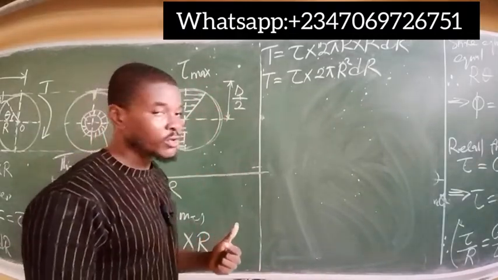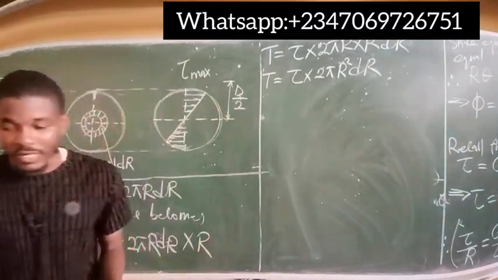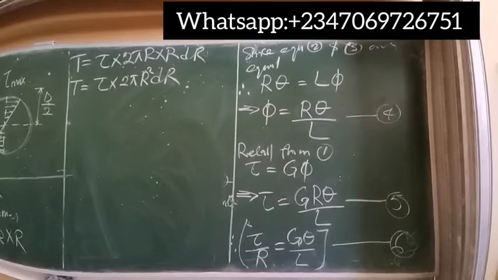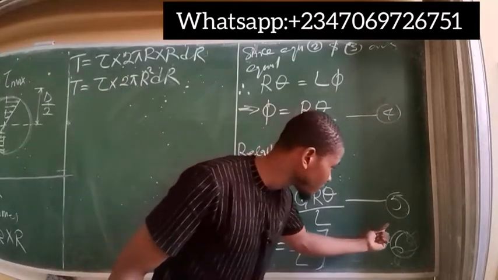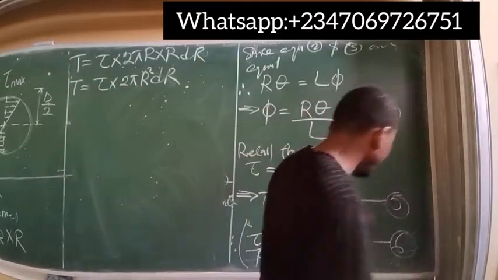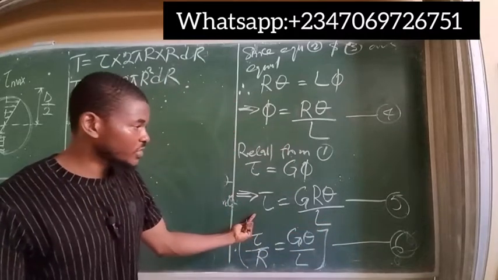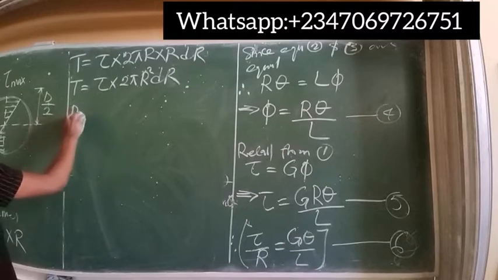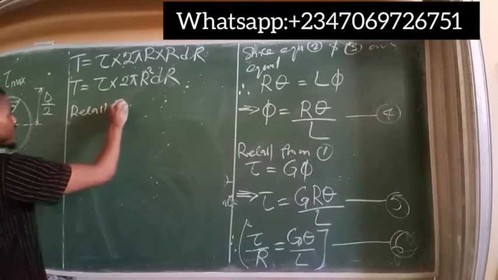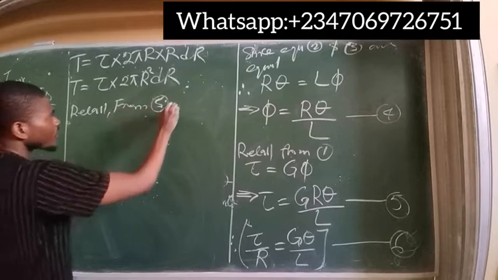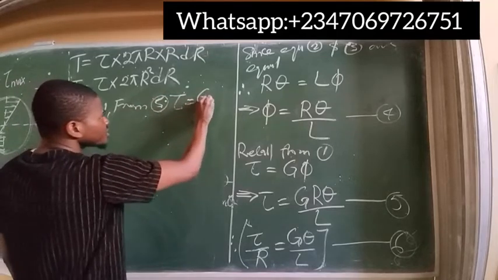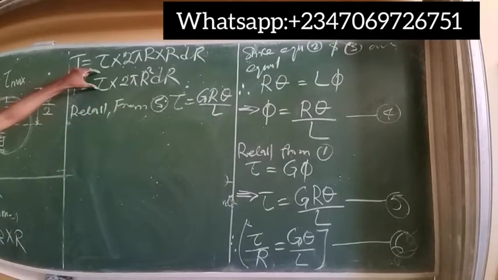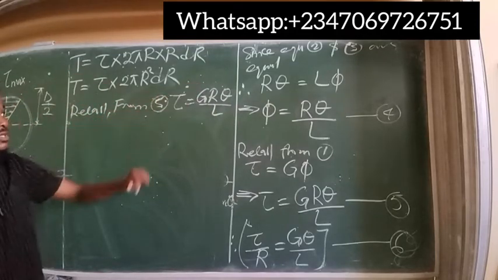Now let's observe the previous equation we had. Let's observe what we obtained for shear stress. Now recall from equation 5, we obtain shear stress to simply be G r theta all over L. Which means in place of this shear stress, I can replace it with this formula.